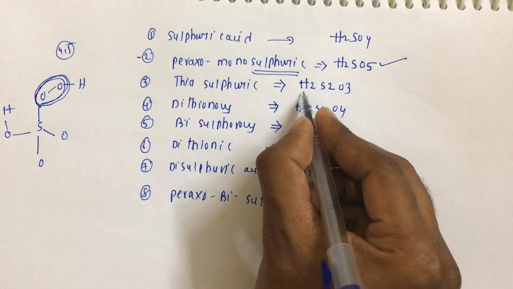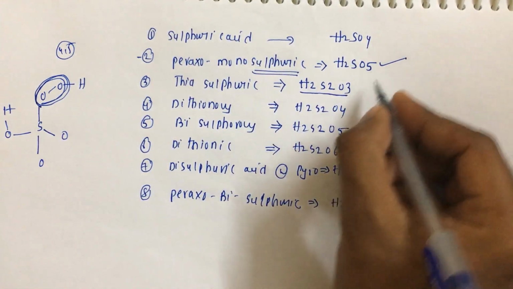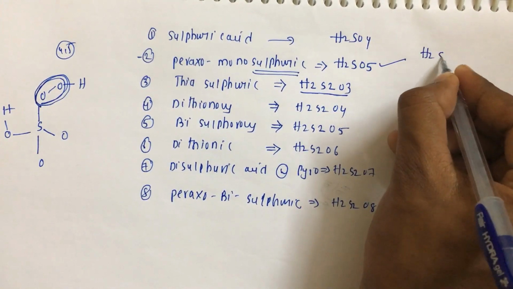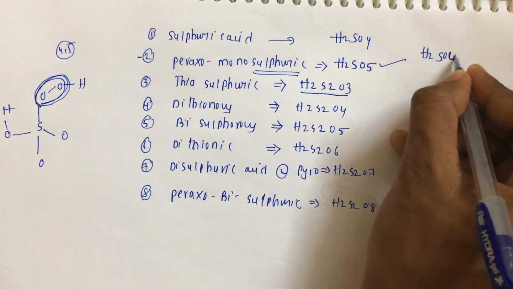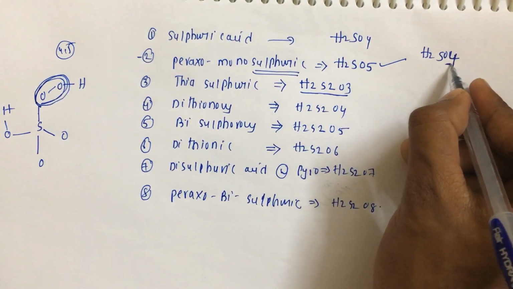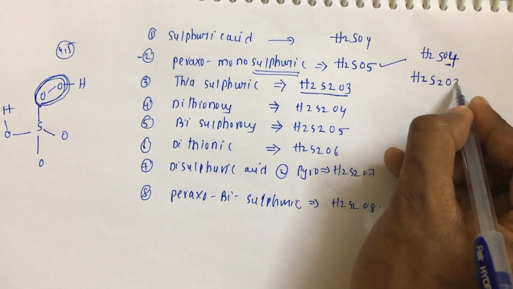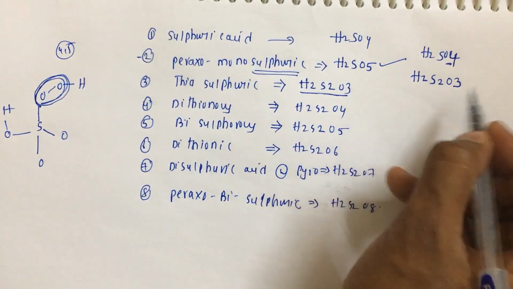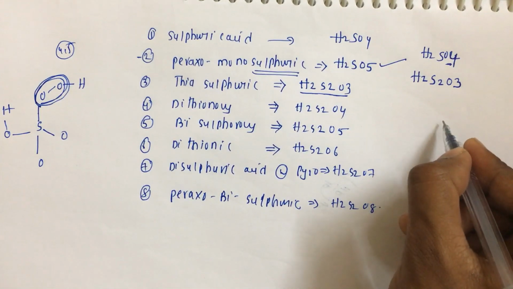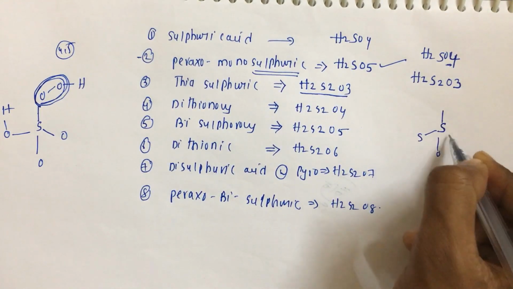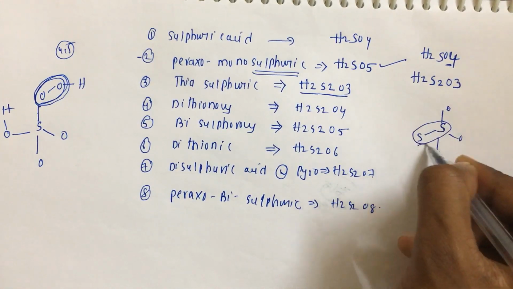Next, here H2S2O3. So what is H2SO4? Sulfuric acid, and here just one oxygen is replaced by one sulfur. That's why, before also when I was saying this compound, we call it a thia compound, because there is a thia bond.